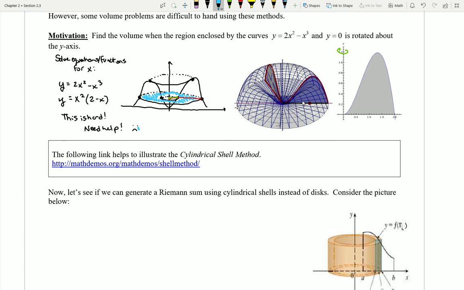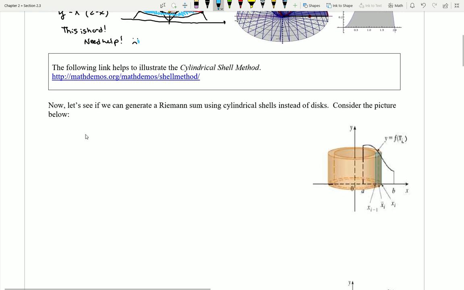So to see how this is going to work, let's take a look down here and write out some of the detail. So again, I'm going to imagine that I take a rectangle that's over here, and I'm going to start to revolve that rectangle around my y-axis. That's where I'm going to spin it. And let's suppose that that rectangle exists on some range of x values. We'll say that x_i is the right side, and x_{i-1} is the left side.